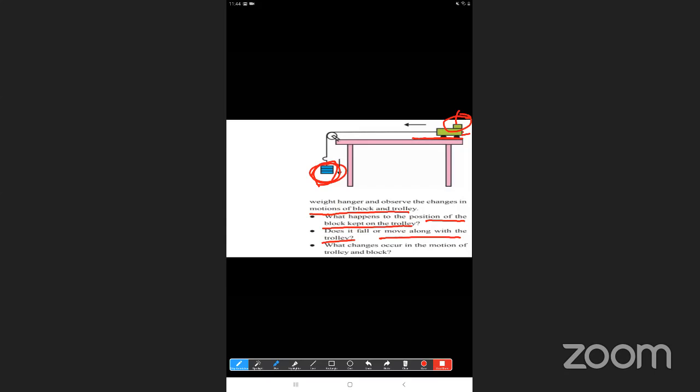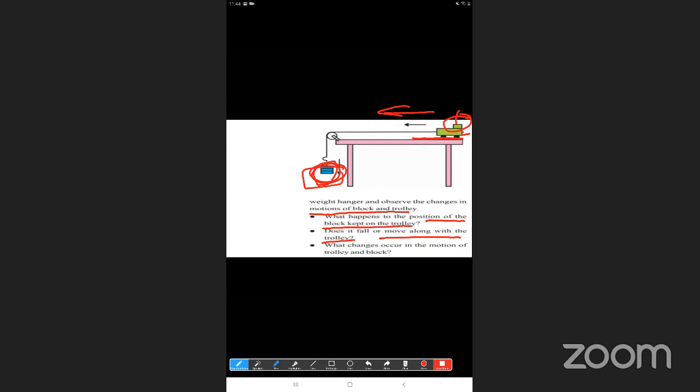The limiting weight changes due to the difference in the sliding friction of the object and surface. Yes, here the toy trolley will move in the forward direction, in this direction, when we are increasing the weights.